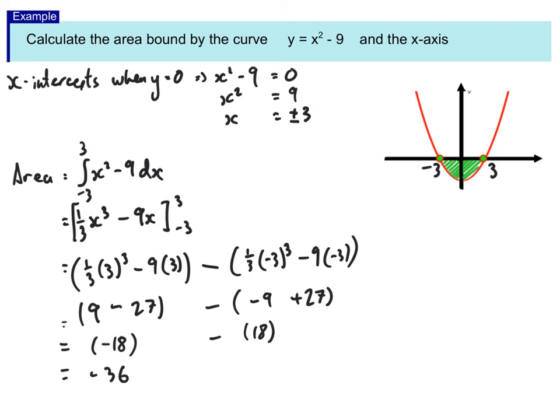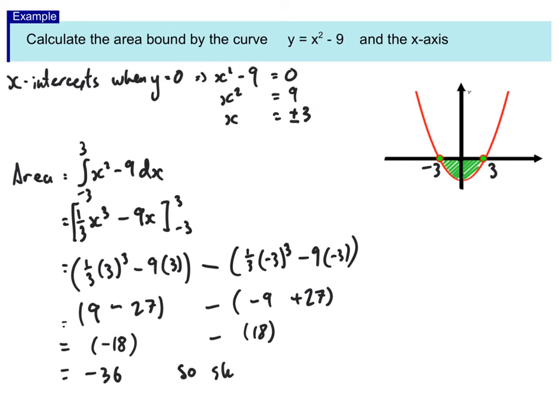Now, what you cannot do here is just shove on units squared and finish there. You need to be showing that you know how to deal with this negative. It's not enough to just say, well, I'll bin the negative. You need to be really clear with your communication. So the way I would do this is I would have this comes out as negative 36, and then actually write a statement.